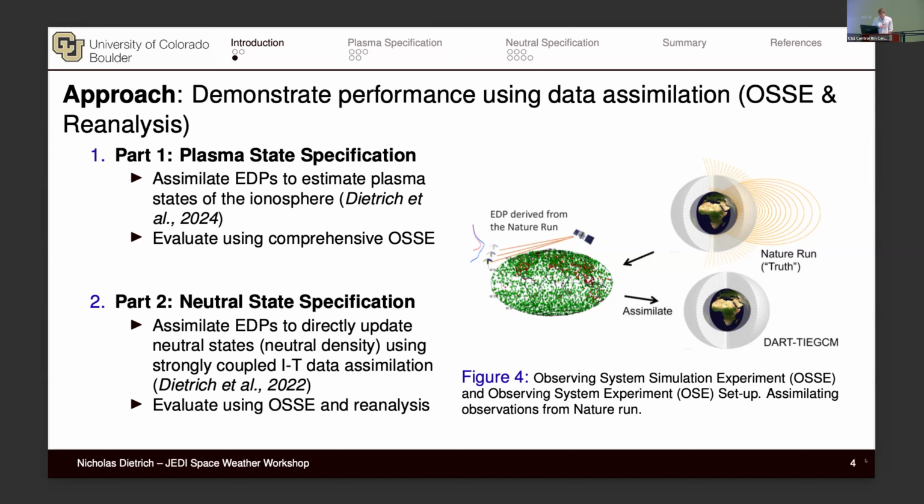The second part uses strongly coupled data assimilation approaches, with a coupled IT model and background covariance structures to inform what the neutral states look like and enable global specification. I'm focusing on estimating neutral density for purposes of satellite drag estimation, and for that I'll be doing an OSSI and OSE, or a reanalysis kind of approach.